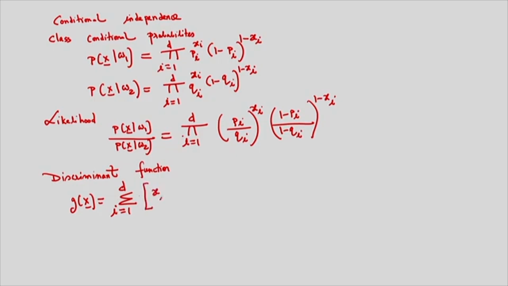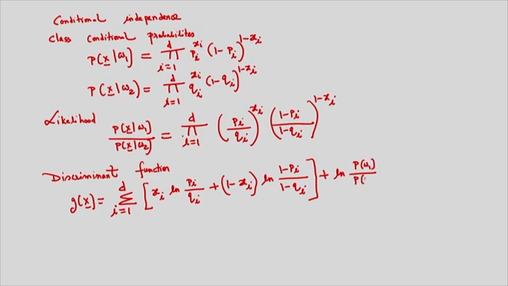That is why the summation we are considering. So we are just putting this value in the discriminant function, with ln of the probability of omega 1 over the probability of omega 2. This we obtain from this. This is the expression for the discriminant function.